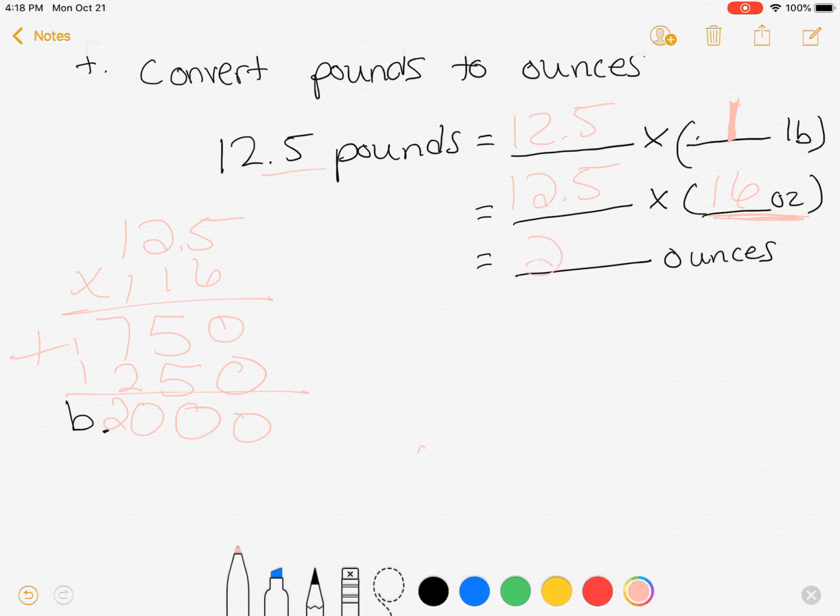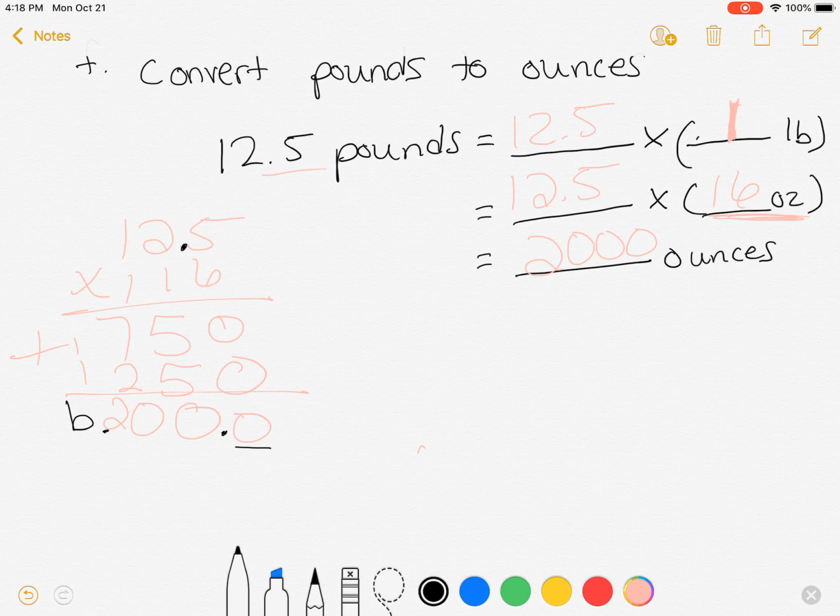Okay, is our answer 2,000 ounces? No. You're missing the decimal. So where should the decimal be? Here. They're all pointing here.